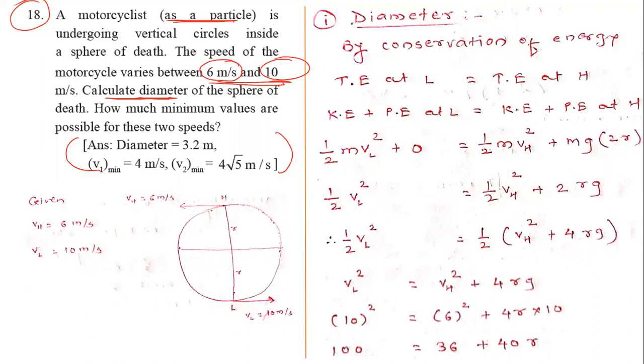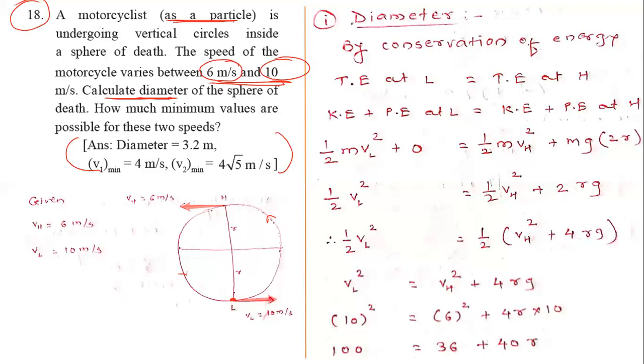So here you can see this diagram. When he is moving in a vertical circle, 6 meter per second speed is at the top and 10 meter per second is speed at the bottom.